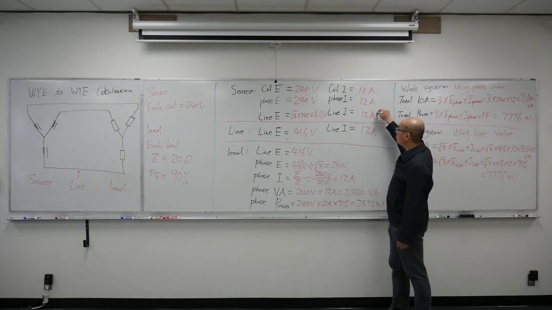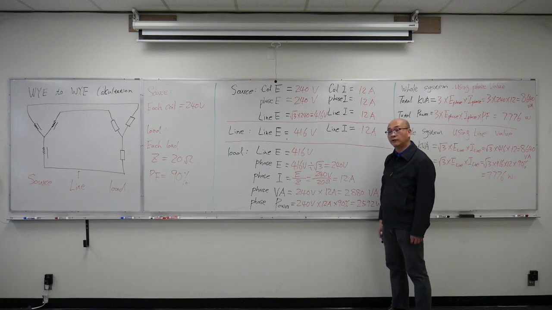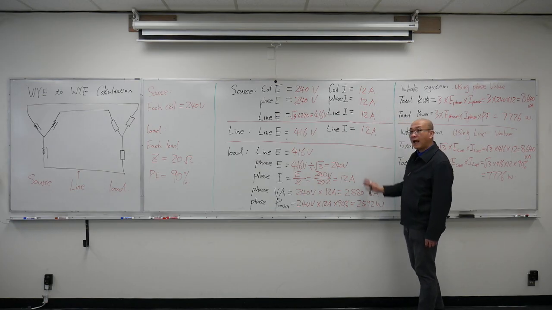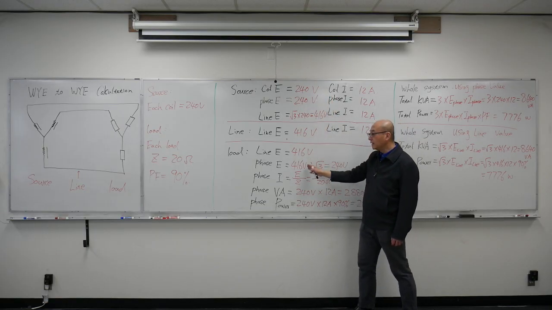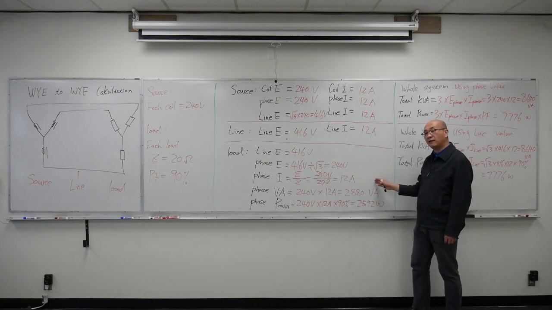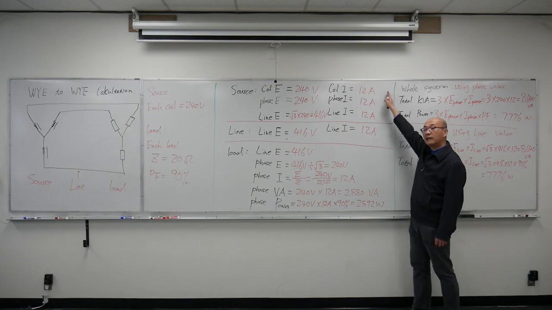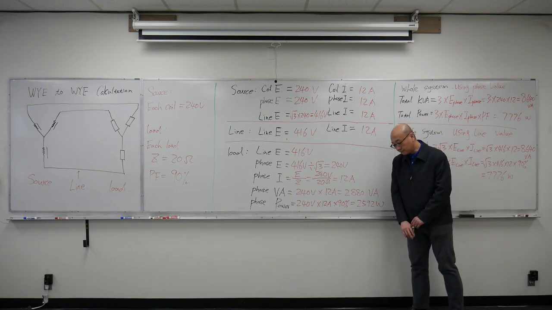For the Y source, 12 amp line current equals 12 amp phase current and equals 12 amp coil current. Here's the calculation step. I'm working my voltage from the source down to my load. Once I find the current, I'm working my current back from the load to my source. So that's the proper way to calculate your three-phase circuit.